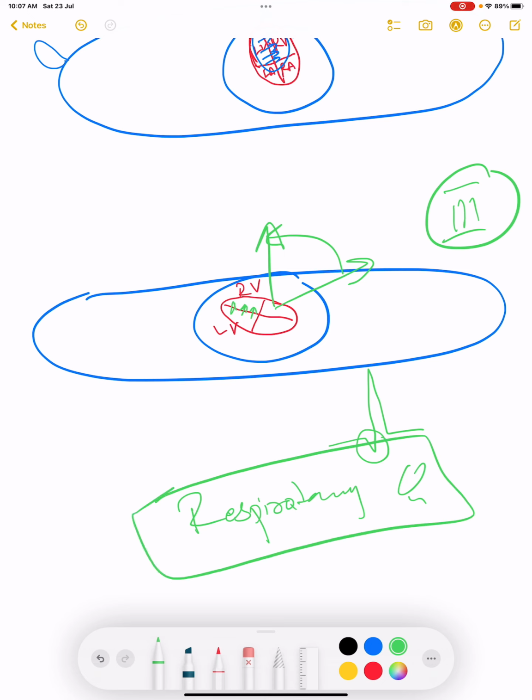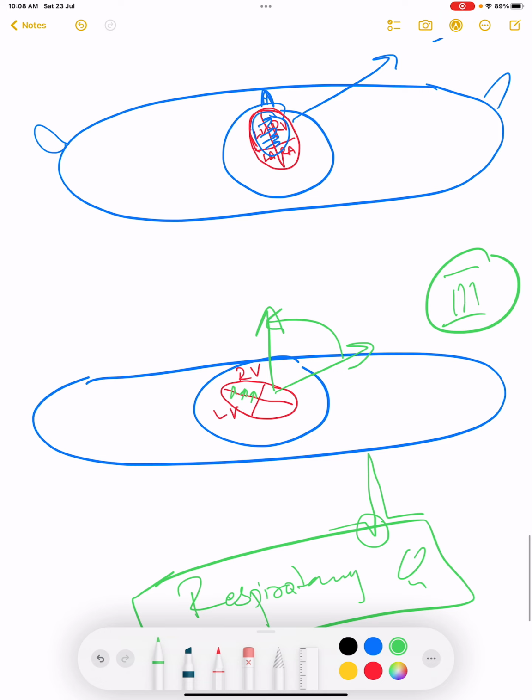It disappears during inspiration because the heart is more in line with lead 3, while during expiration the heart is more horizontal, and the normal septal depolarization is going away from lead 3.